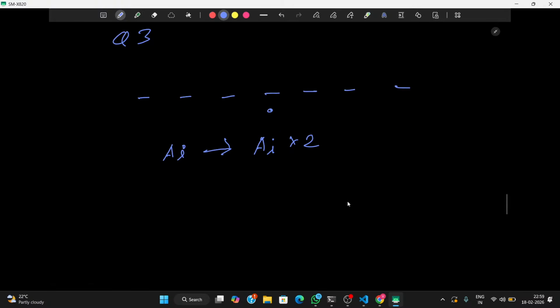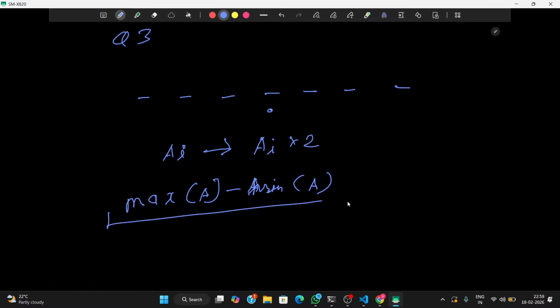And now what you need to do is find the maximum of A minus the minimum element of A, right? That is what you need to find, and minimize this thing.